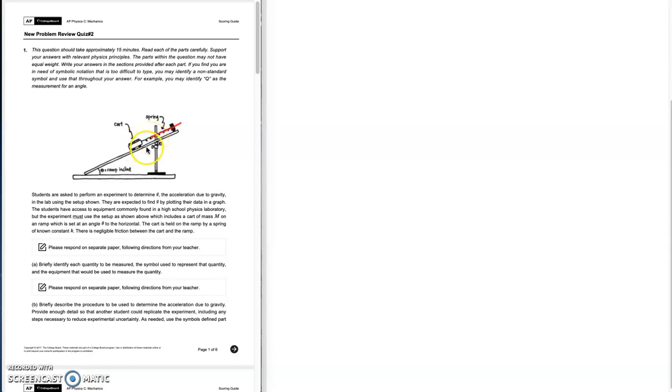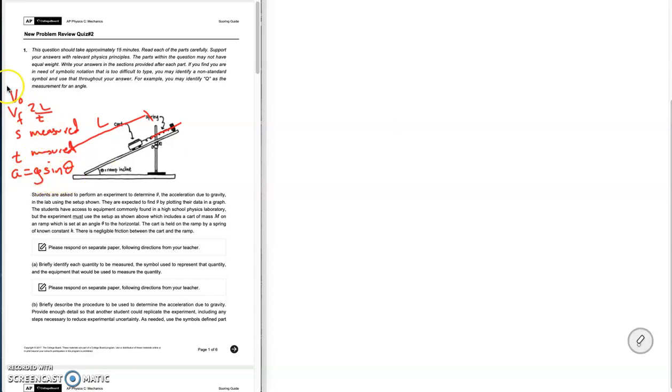In his experiment, there was no spring, and what he had you do was raise the ramp up through an angle theta and measure the length that the cart traveled through, and then use kinematics to figure out what gravity is, knowing that acceleration is g sine theta, and then this guy is measured, and this guy is 2L over T squared, where this guy is also measured. So in Miller's experiment, you can do it this way to get the acceleration due to gravity.